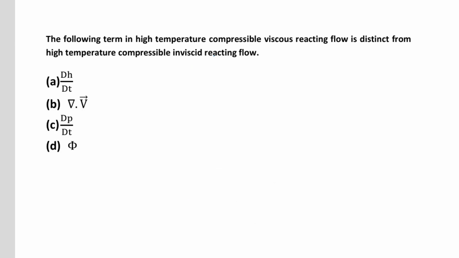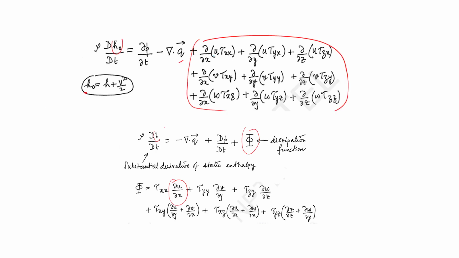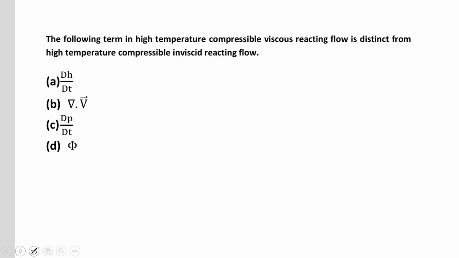So if we compare it with the inviscid compressible flow, the difference will be only in this term, phi, dissipation function. Why? Because it has tau xy, tau xz and tau yz, so all these have viscosity in them. So due to the viscosity, this term is only present in viscous flow. So this phi term will be the only difference. So option D will be the correct answer.